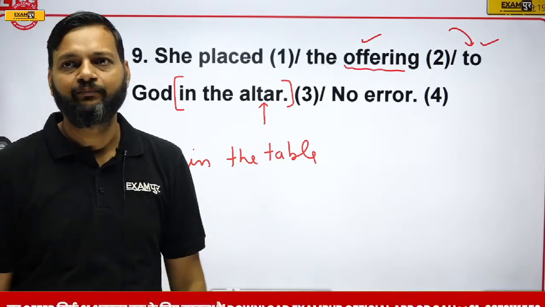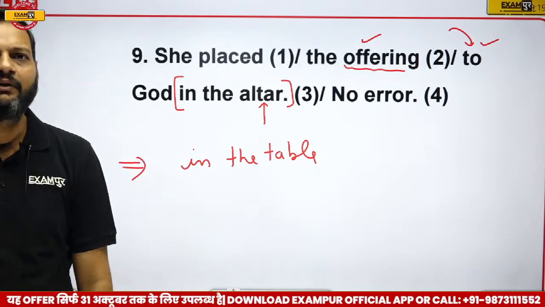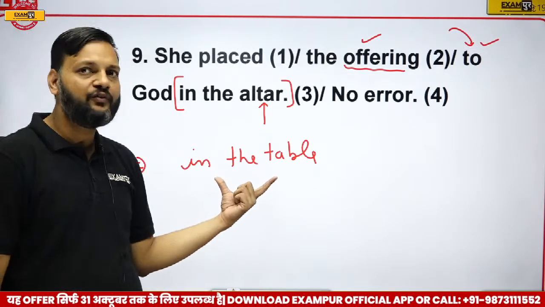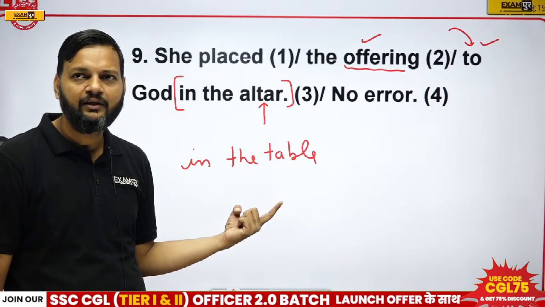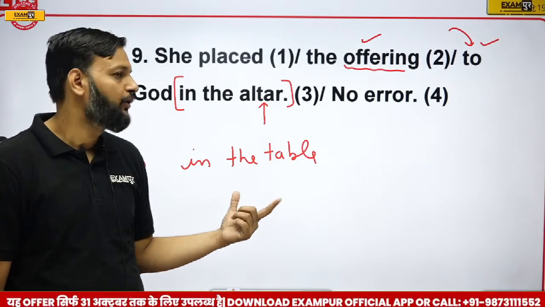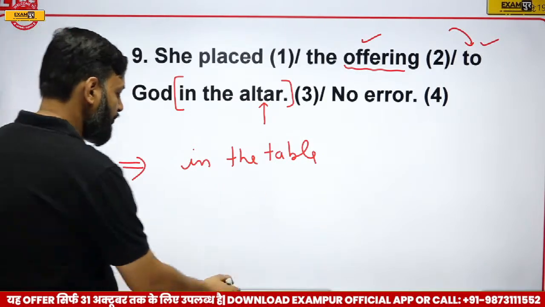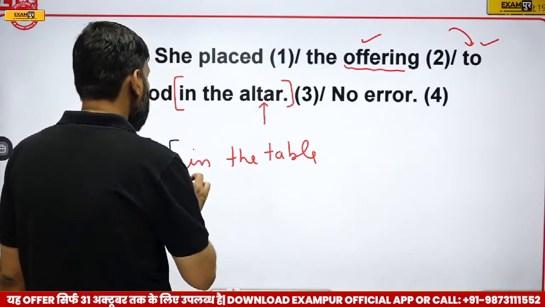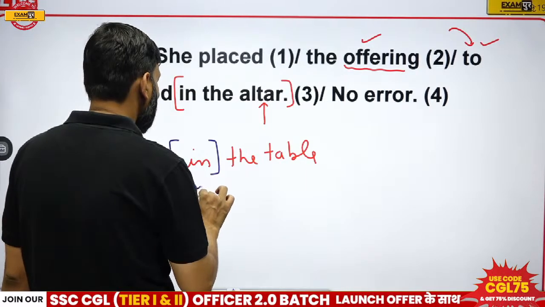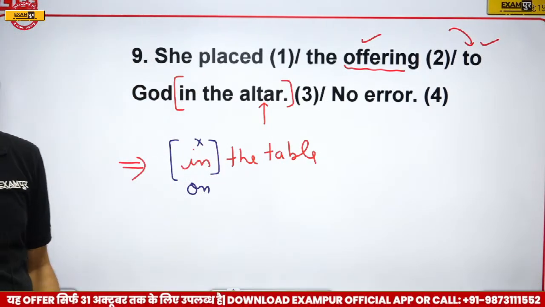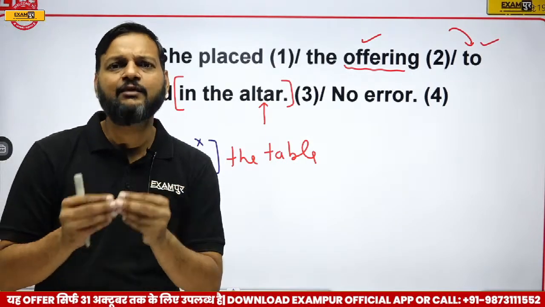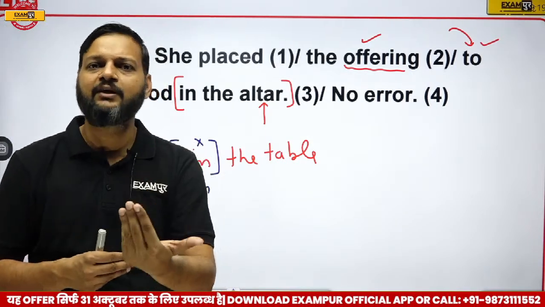In the table. Is it correct? No, this is not right, because here in will be replaced by on the table. Okay, on the table, correct? So in the table is wrong, on the table is right.